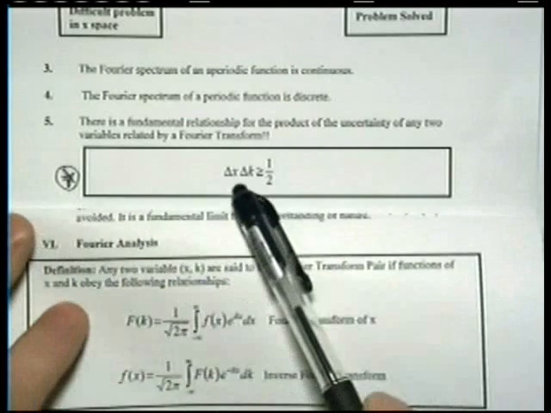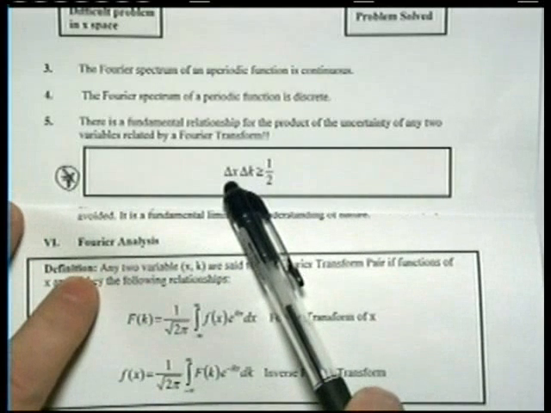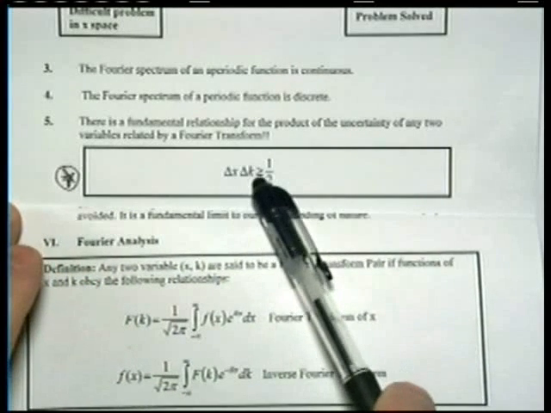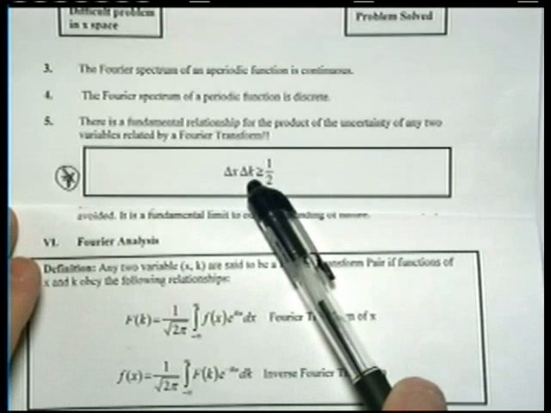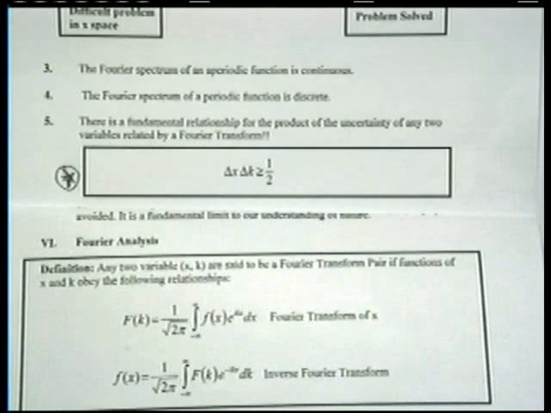So if you wanted to know the location of a baseball with great precision, you had great uncertainty in its wave number. That's just the way the Fourier transform works. People said, so what? Baseballs have no wave number. Baseballs have momentum, yes. They have position, yes. Wave number, no. That's just an artifact of math.